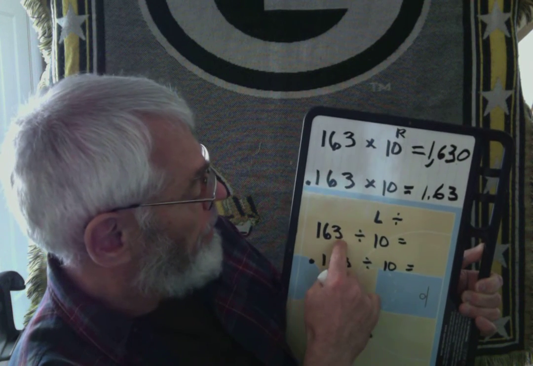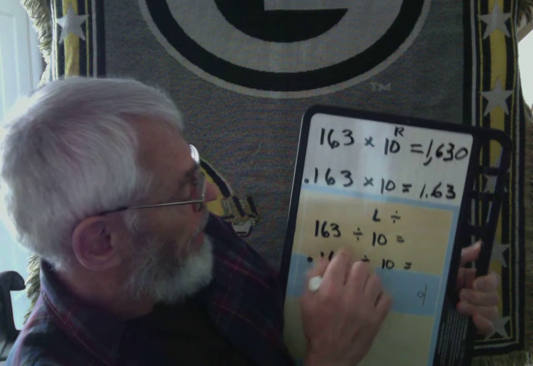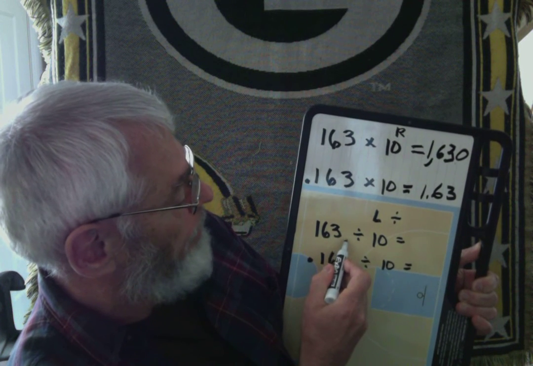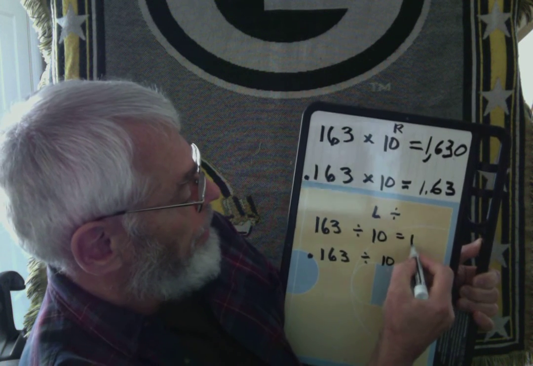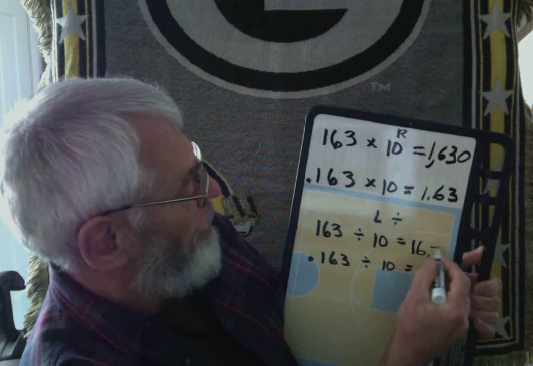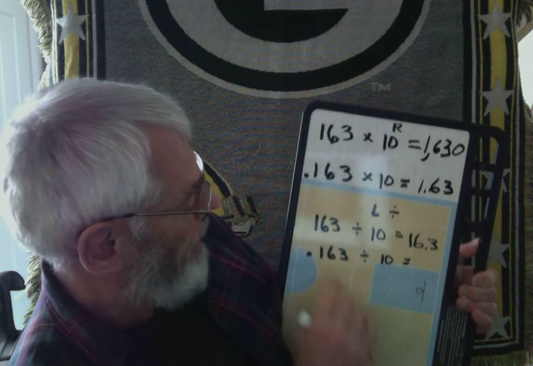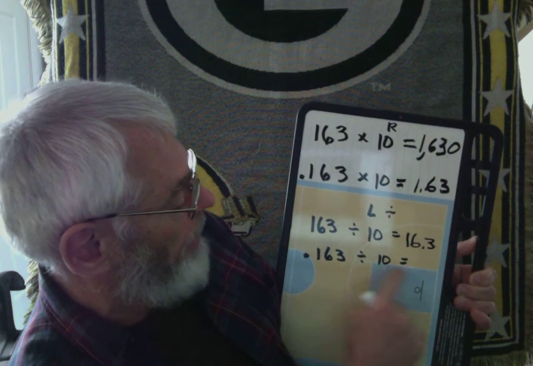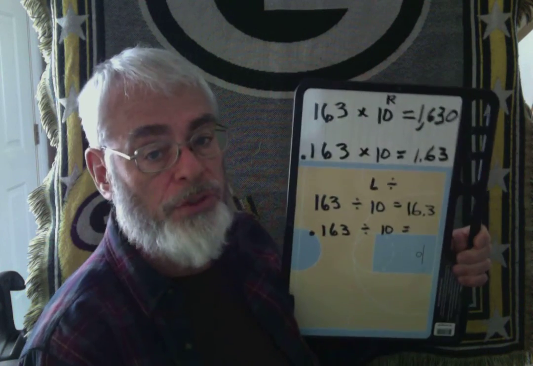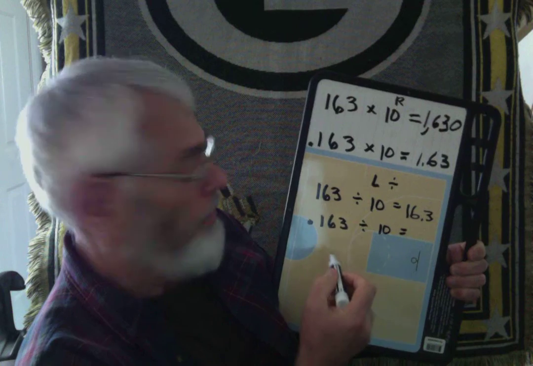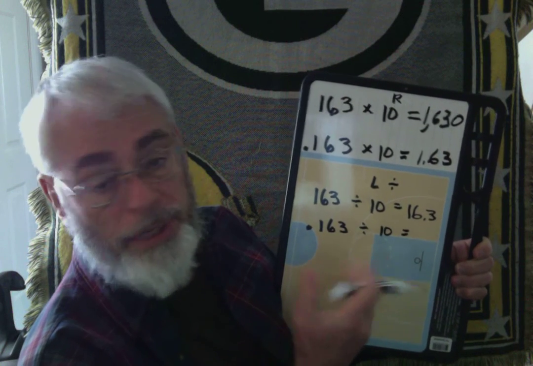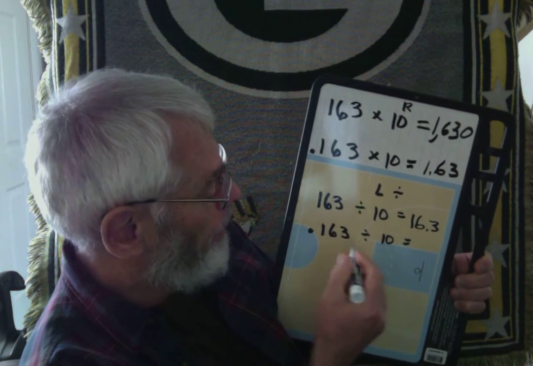So 163 divided by 10, the decimal point is here, we move it to the left, and so we get 16.3. We moved it from behind the 3 to in front of the 3. 0.163 divided by 10, okay? So that means we got to go to the left, and to do that we have to put a filler in, and the 0 goes in there.